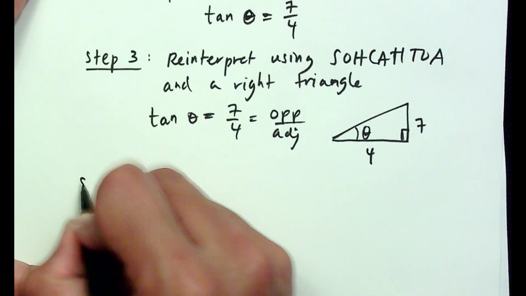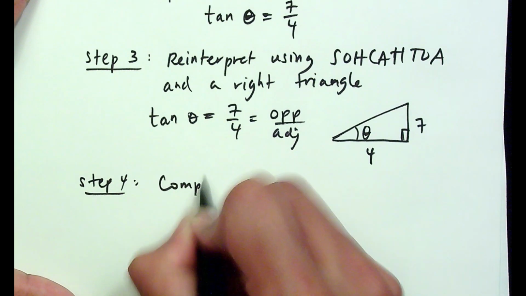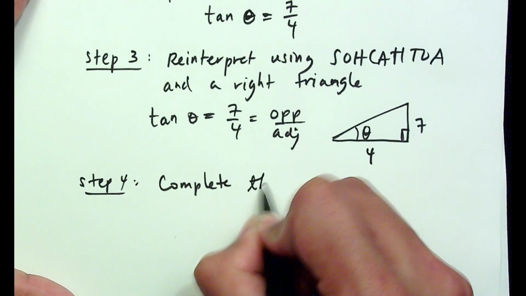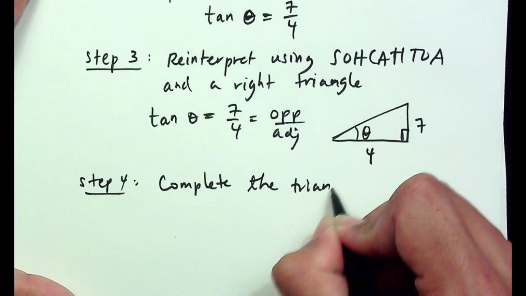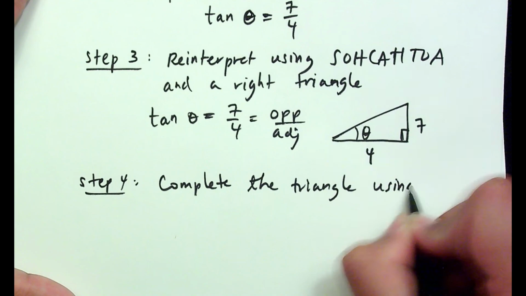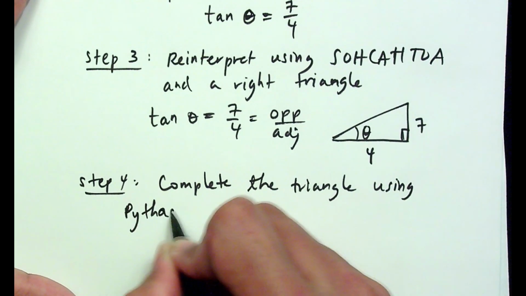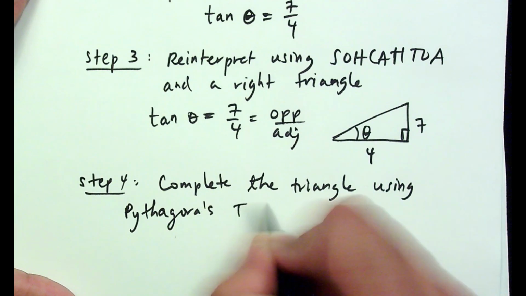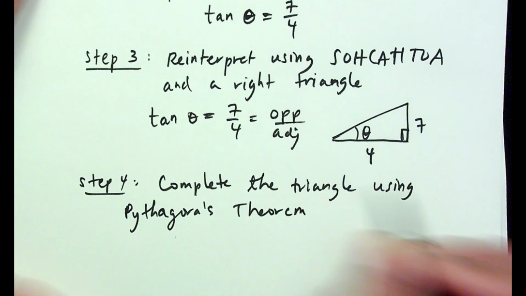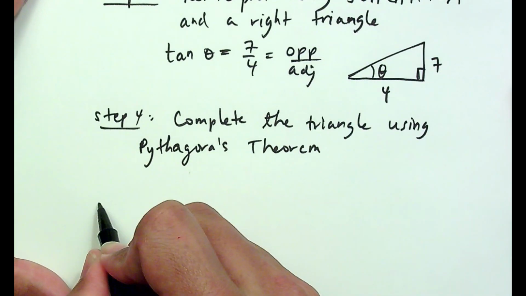Step 4, complete the triangle, meaning find the missing side using Pythagoras theorem. So let's find the missing side.